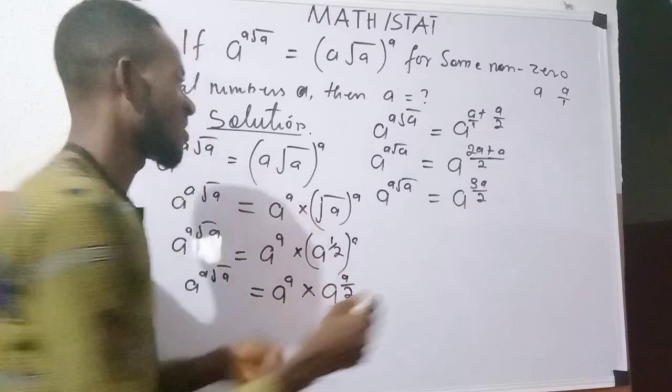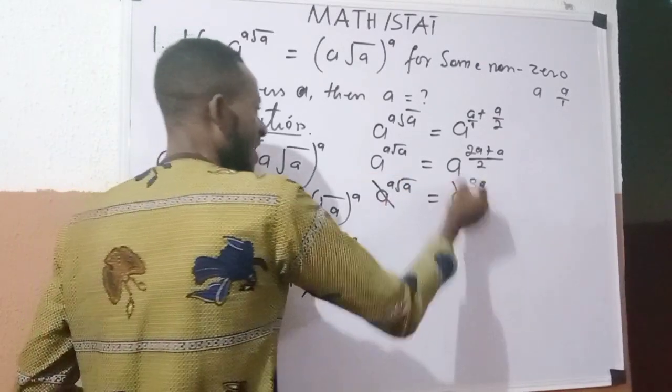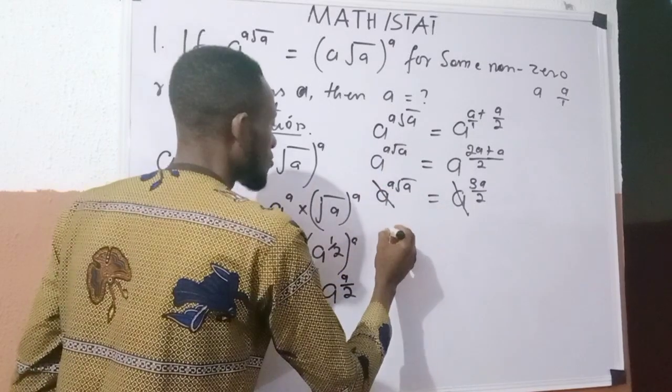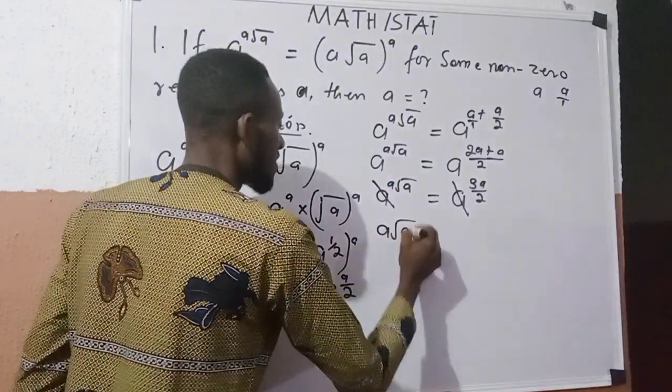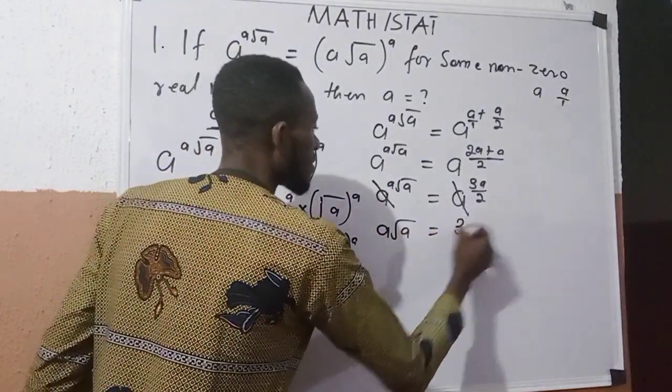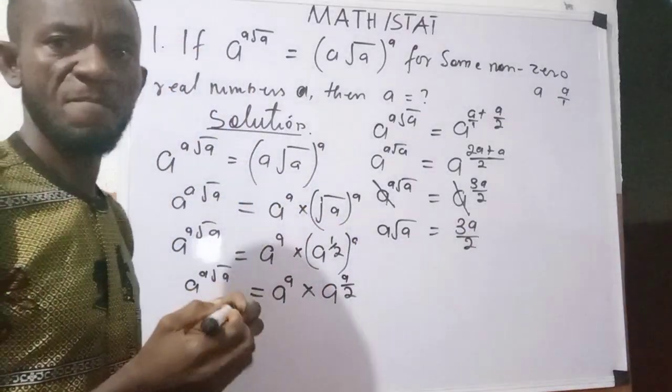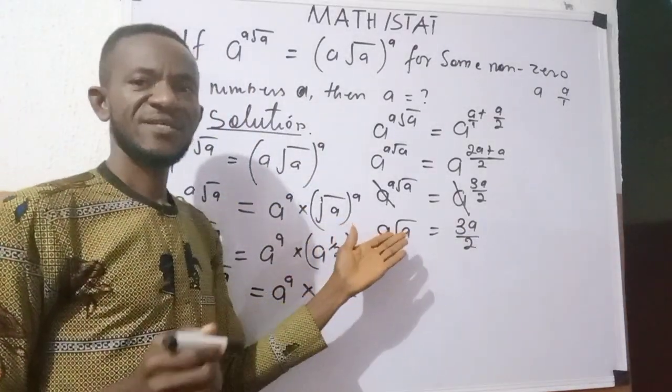So what do I do now? I will cancel this a and cancel this a and bring down the powers and equate them. So what I have becomes a root of a is given as 3a all over 2. Okay? What do I do next?